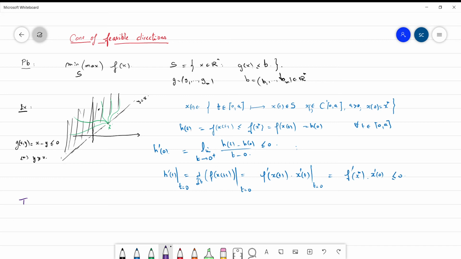So we want to find a way to express our necessary condition with simple tools.